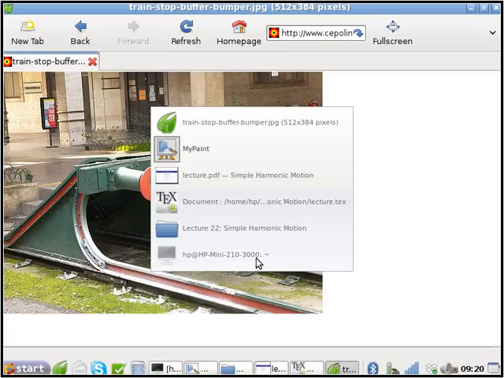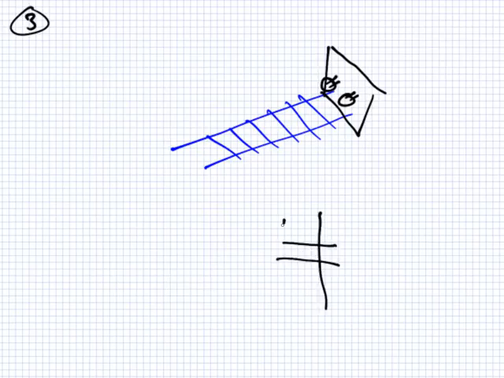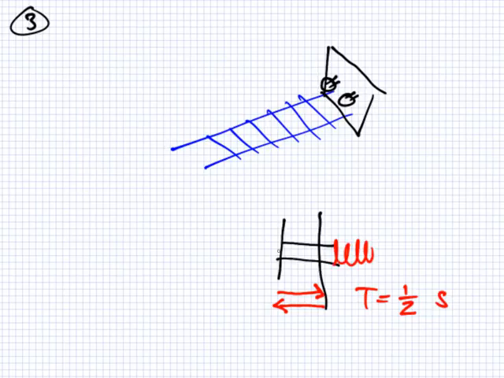So what I'm saying is, when you look at the picture, it takes 250 milliseconds to go in, and then 250 milliseconds to come out. So it's like a spring. It goes in and then back out. So the time here is 500 milliseconds, or half a second, for this spring.